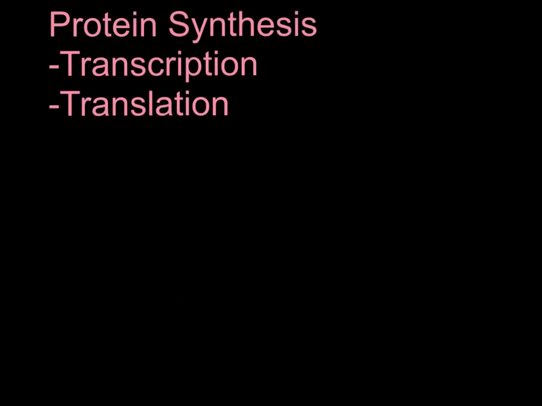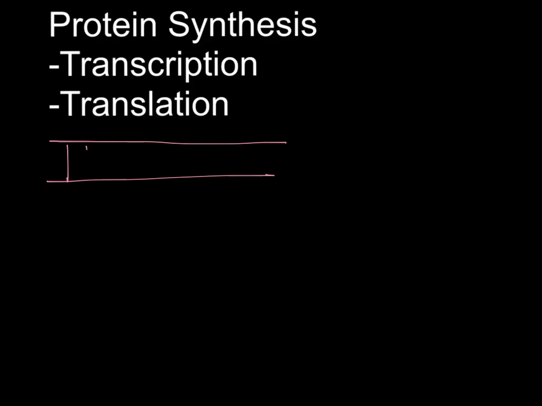Alright, so in protein synthesis there are two processes: transcription and translation. To go over what these mean, transcription is taking a double strand of DNA and transcribing, or making, a copy of an mRNA molecule.